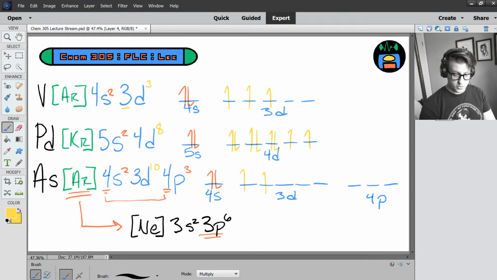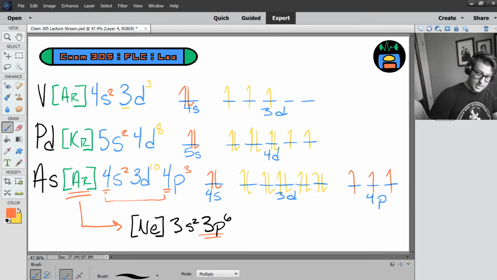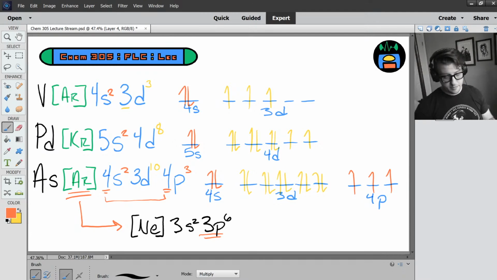So 1, 2, 3, 4, 5, 6, 7, 8, 9, and 10 in the 3D subshell. And then we have 3 electrons, 1, 2, 3 in our 4p subshell. All right. So those are the orbital diagrams that pair with the electron configurations that we just wrote out.